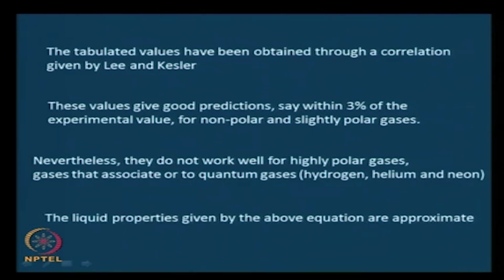You could also get liquid properties from the generalized correlation. Nevertheless, the importance that one would associate to those values needs to be a little less. The liquid values are approximate, the gas values are very good.